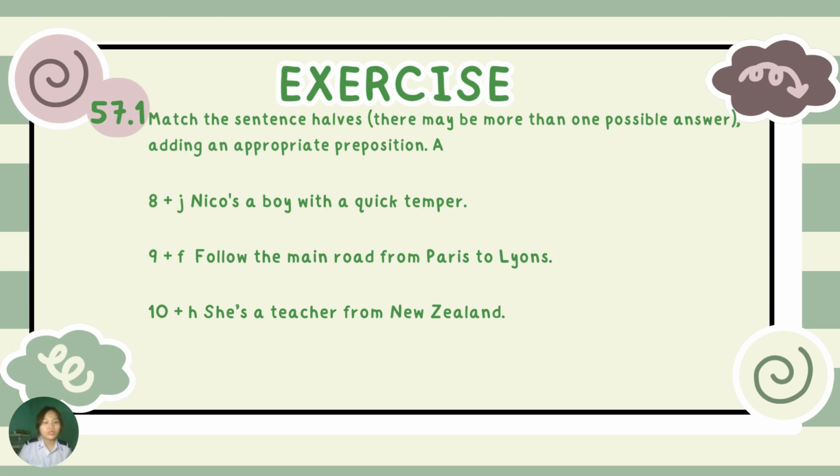From to is used to indicate a starting point and destination. Number 10 matches with H: this is distant from New Zealand. From is used to indicate a place of origin.